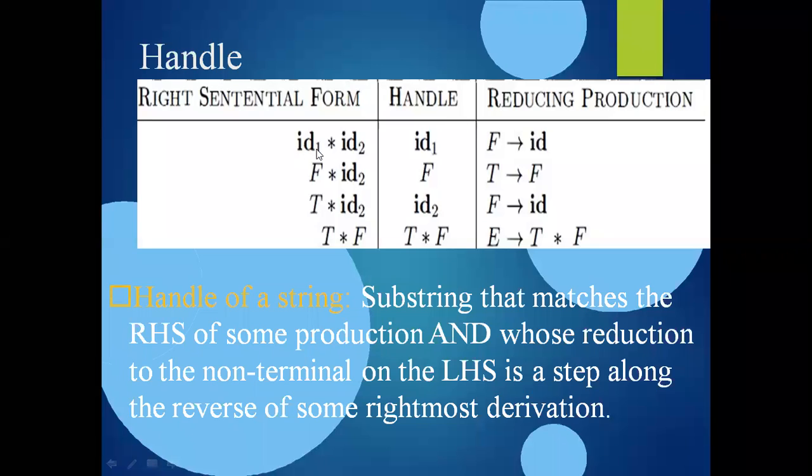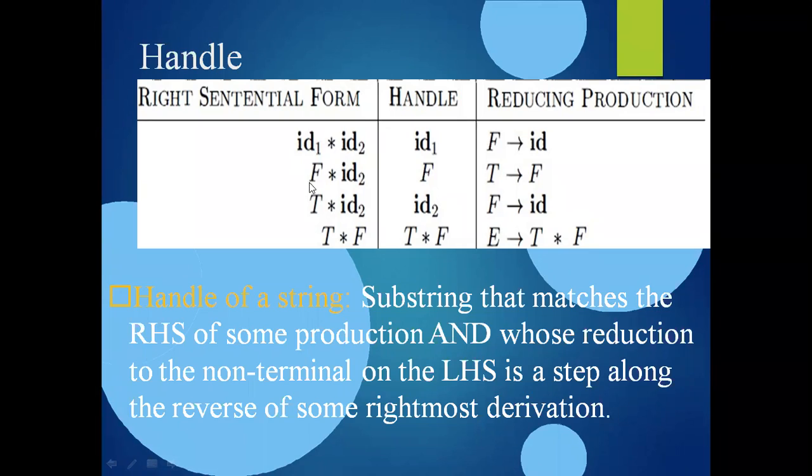Now handle ID1. ID1 or ID2, whatever it may be, this is an ID. Handle ID means, from the given grammar, I have a production F tends to ID. By handling this substring, I reduce it by replacing it with its left-hand side variable.